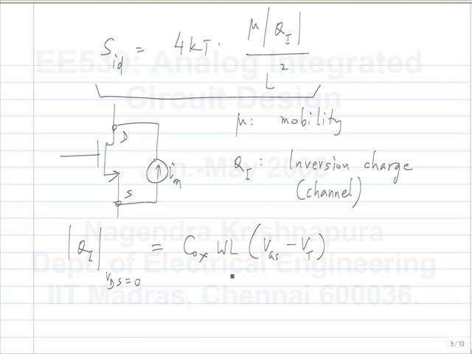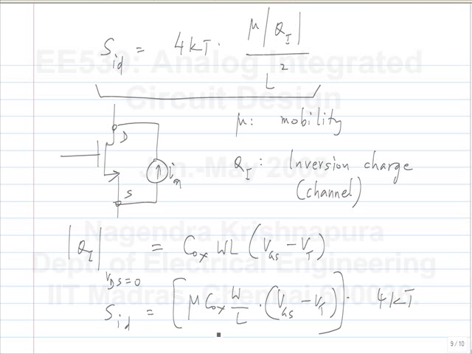If we use this expression, SID turns out to be mu COX W by L times VGS minus VT times 4KT. This is consistent with our earlier model by analogy. This is nothing but the incremental conductance between the drain and source at VDS equal to 0. So 4KT times the conductance is the spectral density of the noise current.